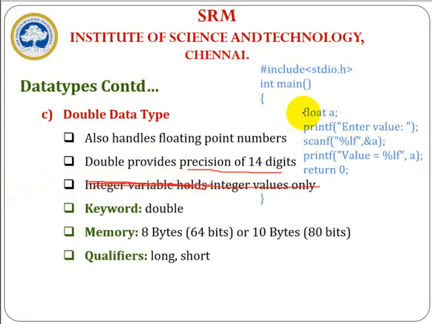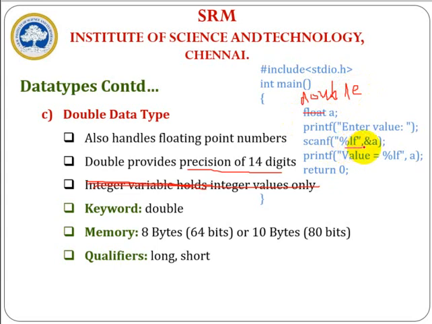So instead of float, you need to declare the variable as double, d-o-u-b-l-e.